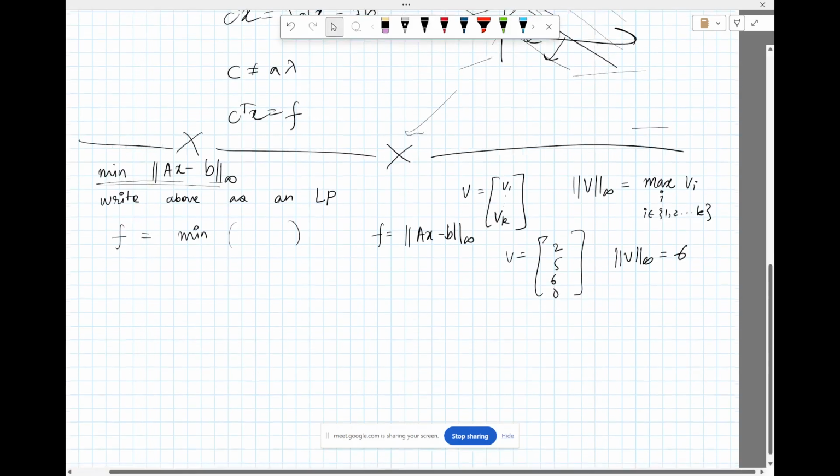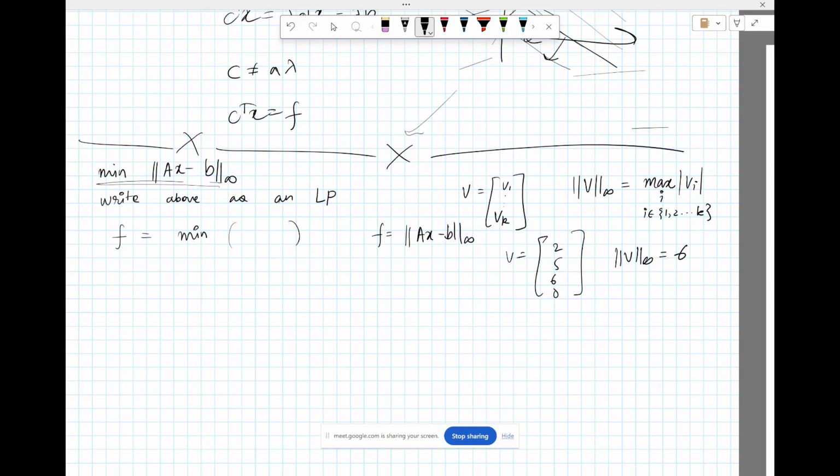One more thing, it is the max of the modulus value. I forgot, sorry, the max of the modulus of this. So if I had v equal to minus 2, 5, 6, and then minus 10, then the infinity norm of v will be equal to 10 because the absolute value of this is maximum.